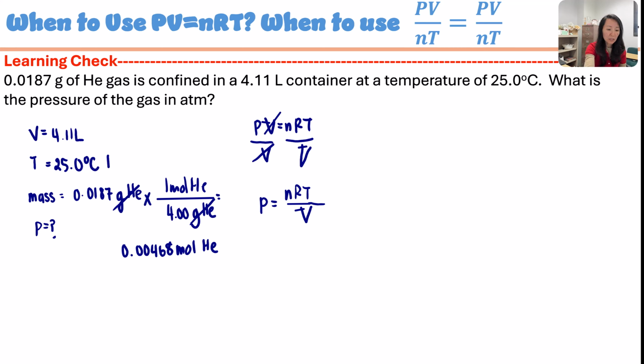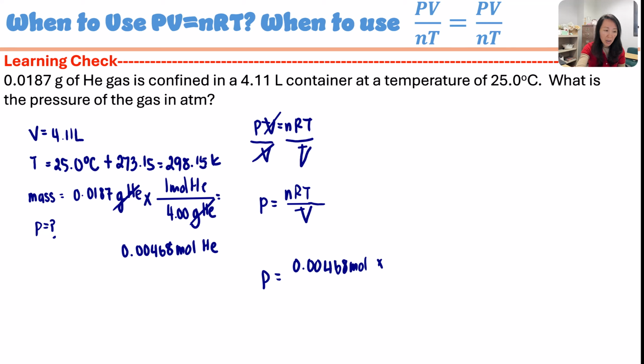One more thing, we need to change this into Kelvin by adding 273.15. That will give me 298.15 Kelvin. Okay, now we can plug in everything. Our moles is 0.00468 moles.